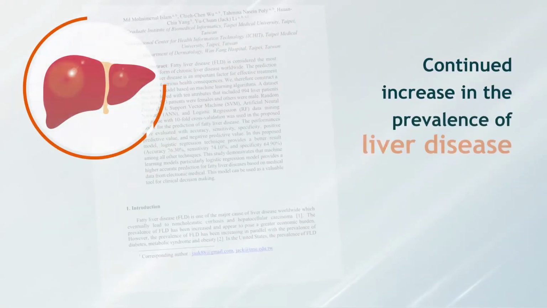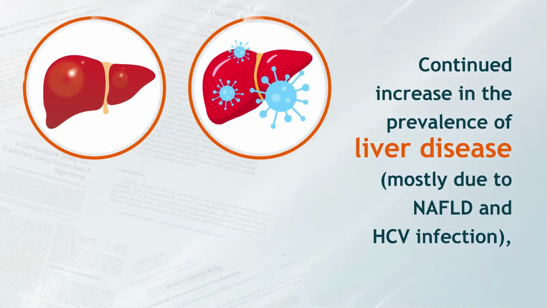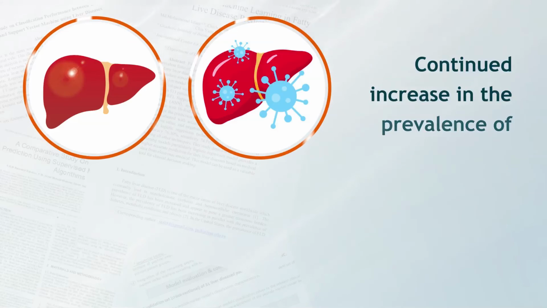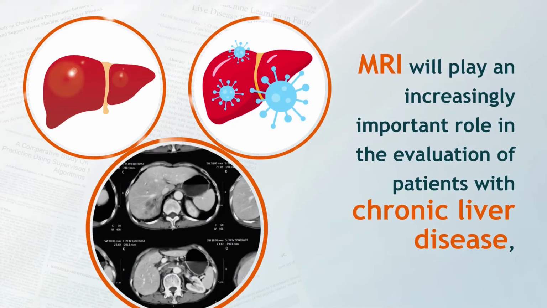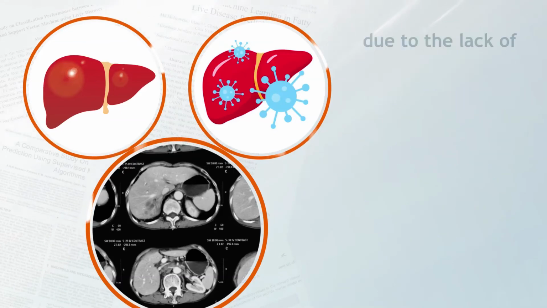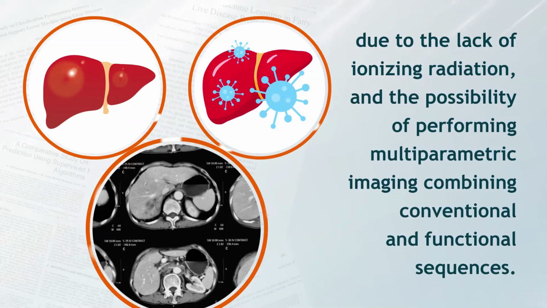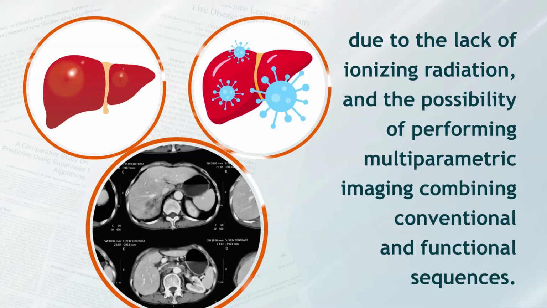A study conducted by Towley et al. stated that with the continued increase in the prevalence of liver disease, mostly due to NAFLD and HCV infection, MRI will play an increasingly important role in the evaluation of patients with chronic liver disease due to the lack of ionizing radiation and the possibility of performing multi-parametric imaging combining conventional and functional sequences.